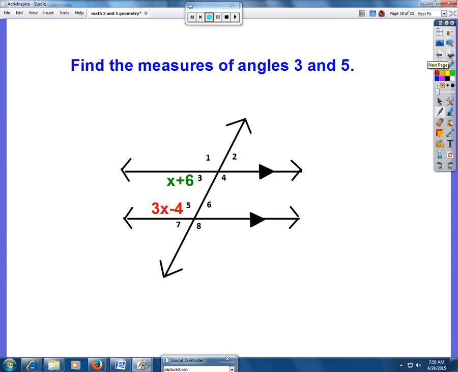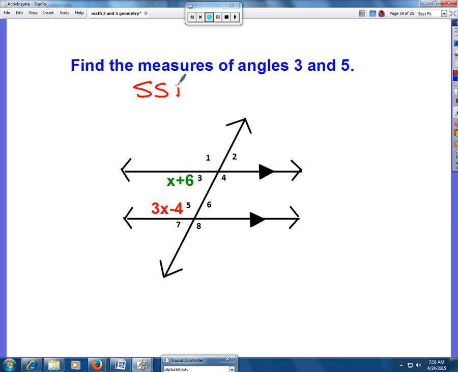Find the measures of 3 and 5. These are same side interior angles, and remember the same sides are supplementary. So that means the measure of angle 3 plus the measure of angle 5 equals 180. So same side interior, and that is supplementary. So I do x plus 6 plus 3x minus 4 is equal to 180 degrees.